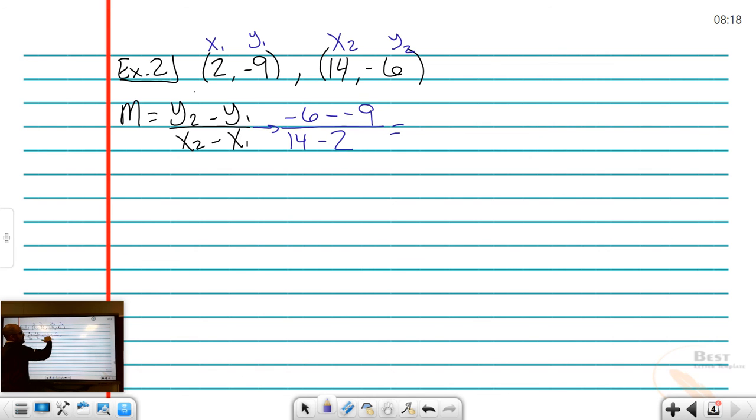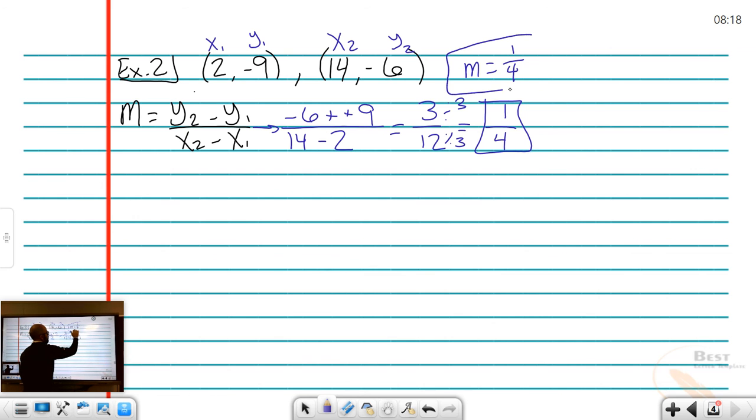So -6 minus -9, these will cancel. So -6 plus 9 is 3, over 14 minus 2 is 12. Can I reduce this? Yes. When I reduce 3 over 12, I divide by 3, and we're going to get 1 over 4. So your slope between these 2 points, m equals 1/4.